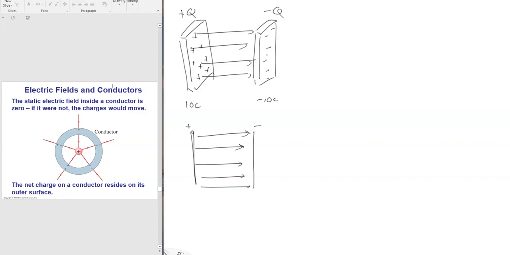Electric fields and conductors. So, we talk about point charges, like a little point charge like a proton or something. There are no dimensions. A negative charge, an electron, no dimensions.